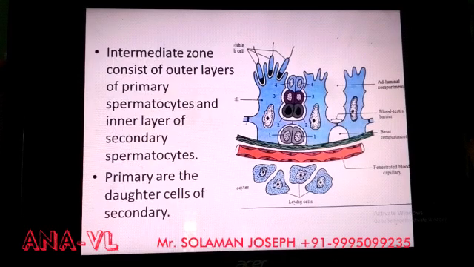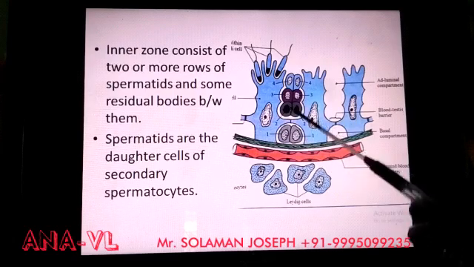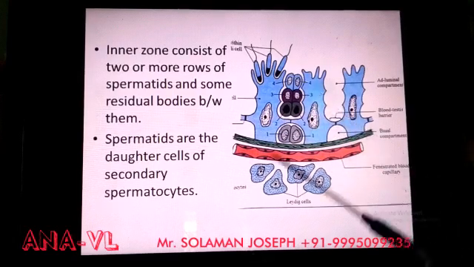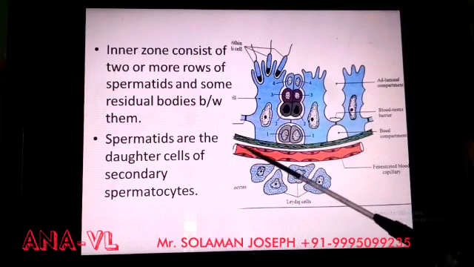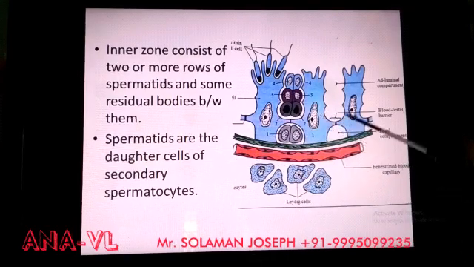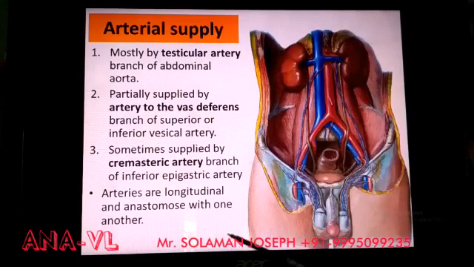Then the inner zone consists of two or more layers of spermatids, with some residual bodies in between them. The spermatids are daughter cells of the secondary spermatocytes.